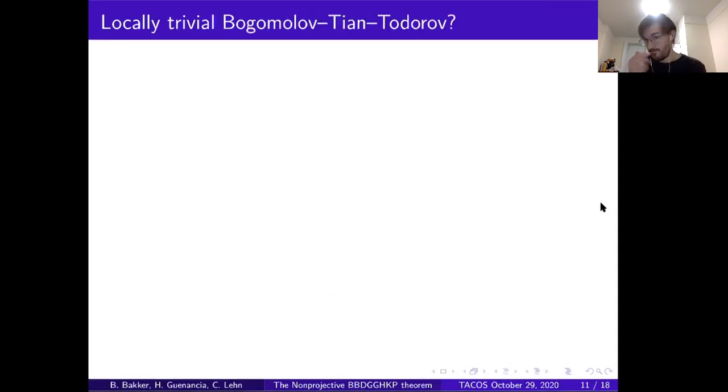Okay, so why are locally trivial deformations important? Well, if we want to use deformation theory to understand these singular Calabi-Yau varieties, we in particular want to be able to produce deformations. And the way you do this in the smooth case is using the Bogomolov-Tian-Todorov theorem, which tells you that deformations are unobstructed, and therefore exist when they should.